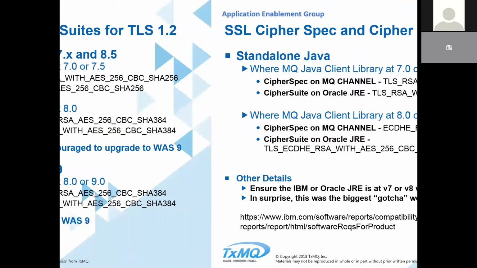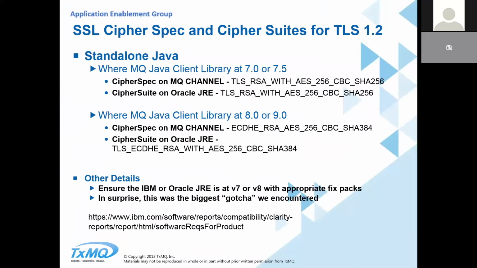Another example right here, SSL Cypher specs over TLS 1.2 if you're dealing with standalone Java, for example. If you're using MQ Java Client Library 7 or 7.5, this is what we recommend the Cypher suite and Cypher spec be set as.